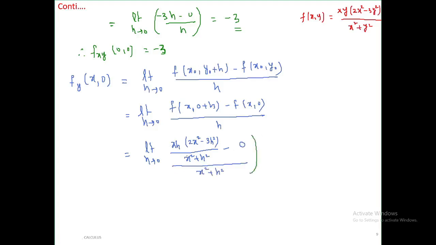Now simplify this. Limit h tends to 0. This numerator is only h, divided by h, so the h and h cancel out. So we get x times (2x square minus 3h square) upon (x square plus h square).